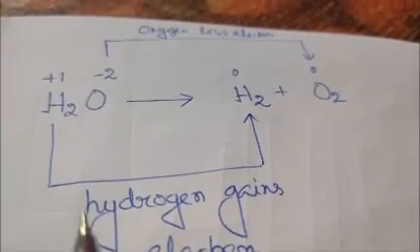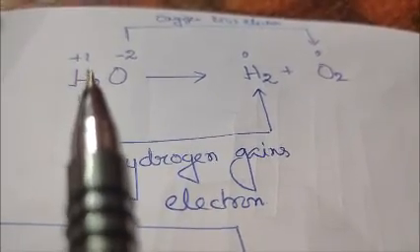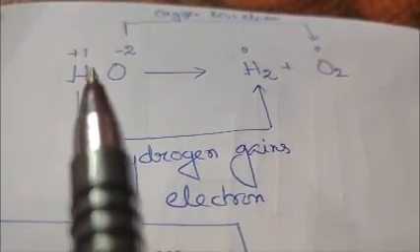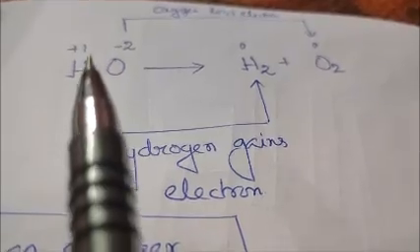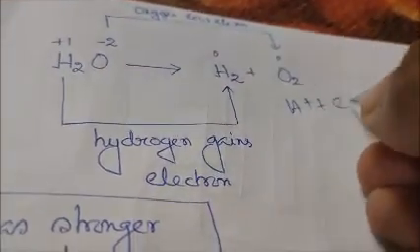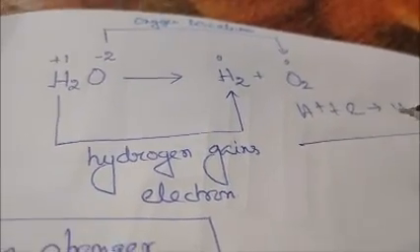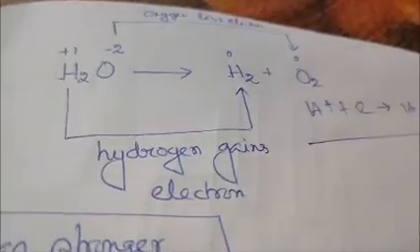How can it happen? +1 means a dearth of electrons, or it requires an electron, so it takes one electron. So when H plus takes one electron, then it gives you H. So it means a reduction is happening here, that hydrogen gains an electron.